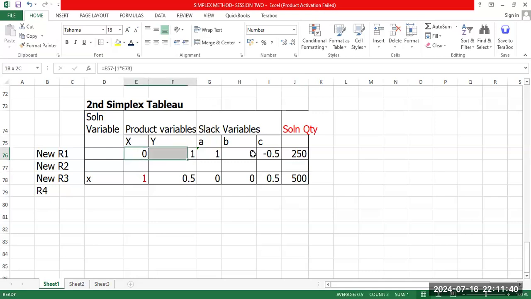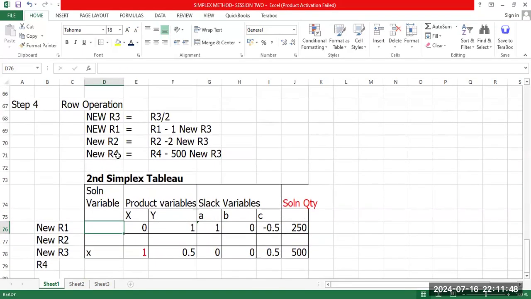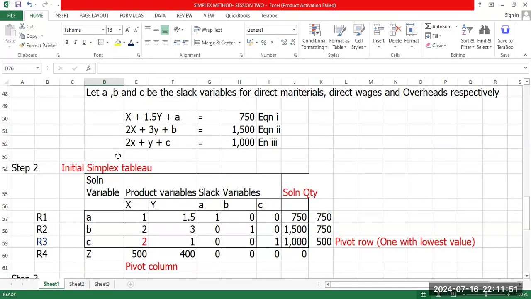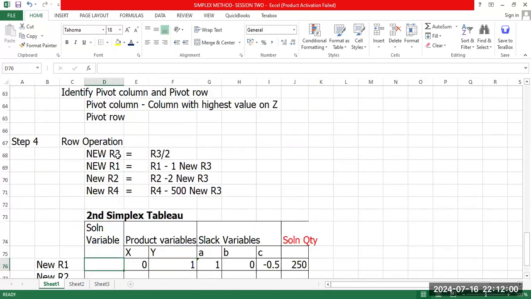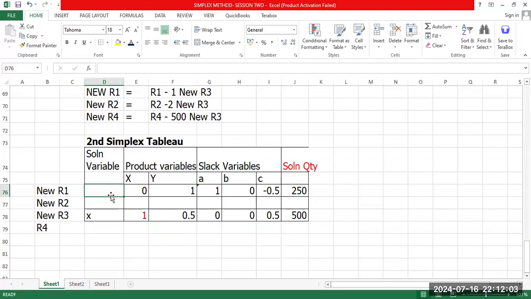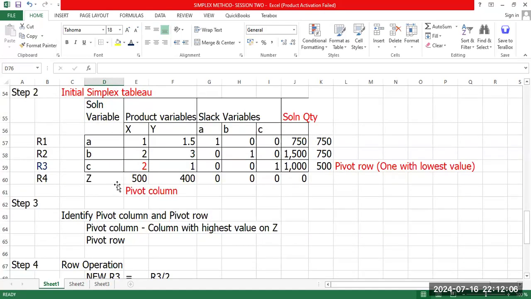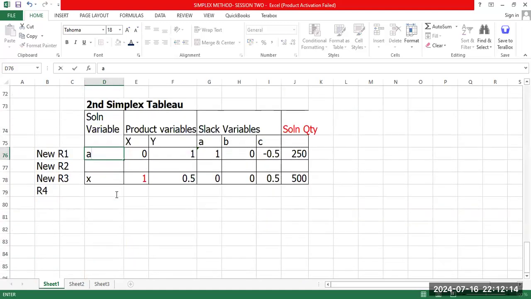Colleagues, do you have this? Yes. So this one will stay as what? This is A. Then here, you follow the same steps.